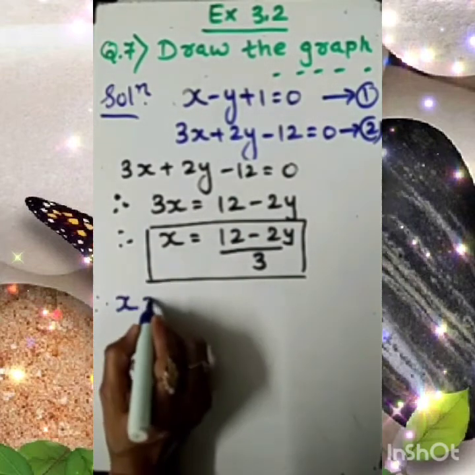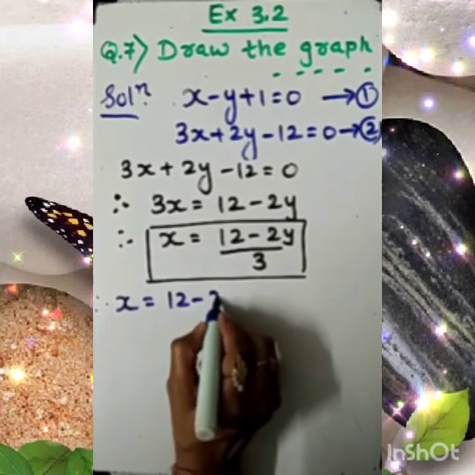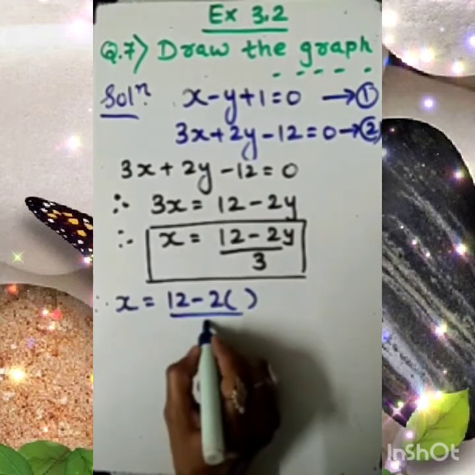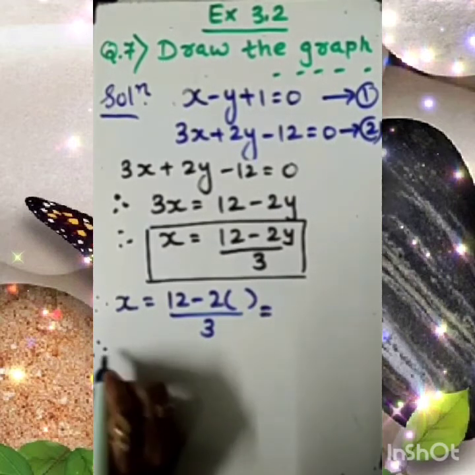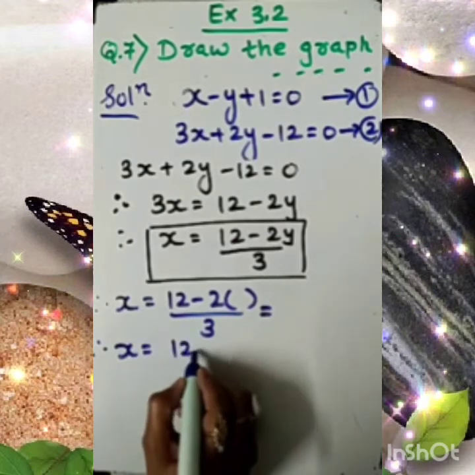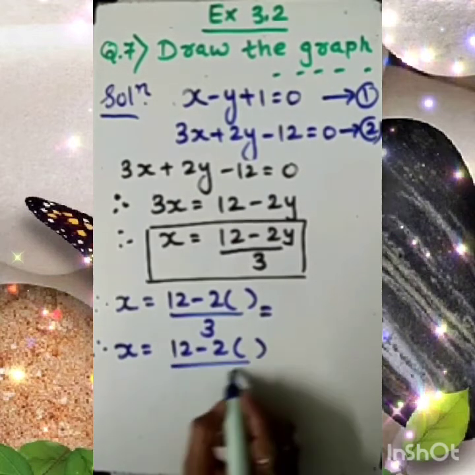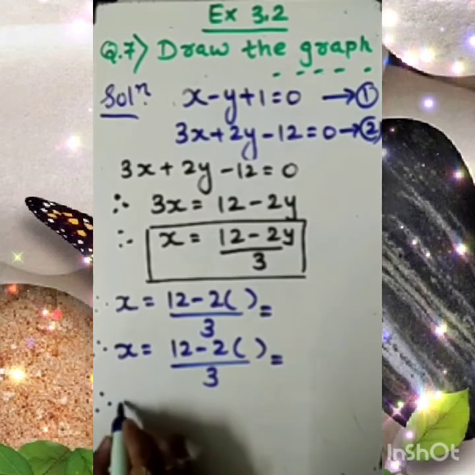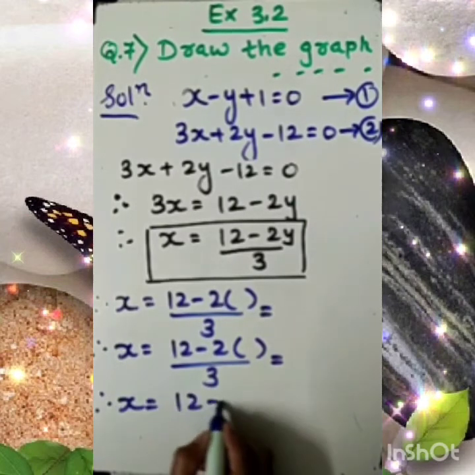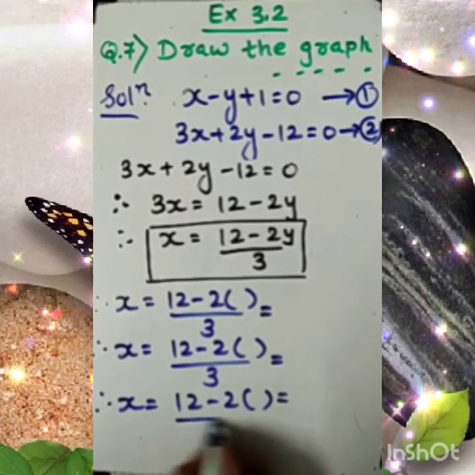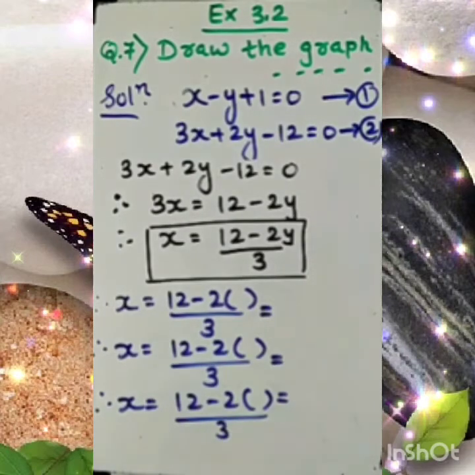Here x equal to (12 minus 2y) divided by 3. Think about such a value so that it should be multiplied by 2 and when we subtract it from 12, we will have the result. Here we are choosing only 3 numbers.